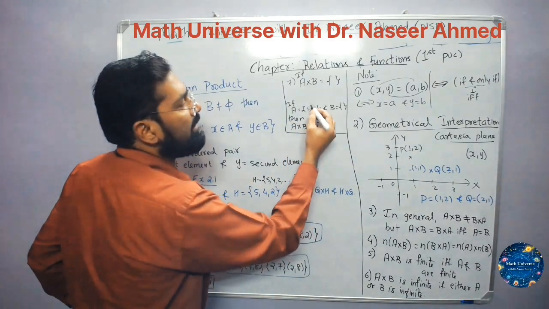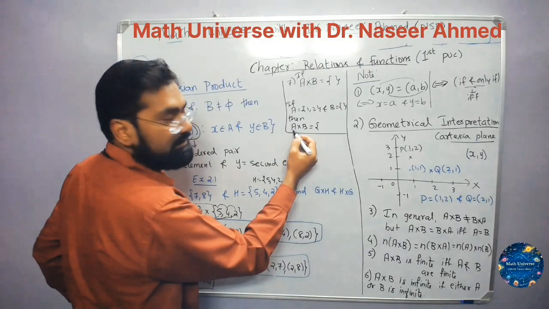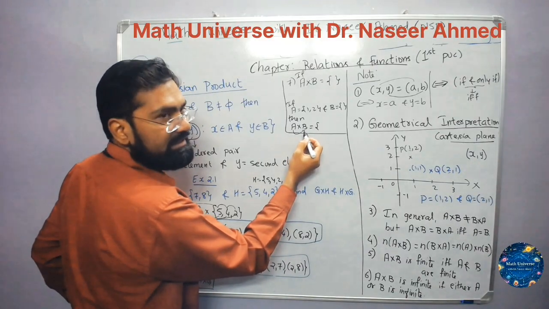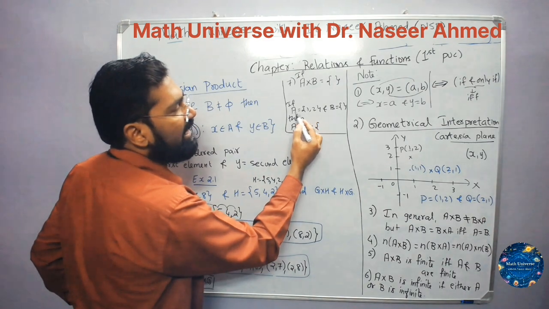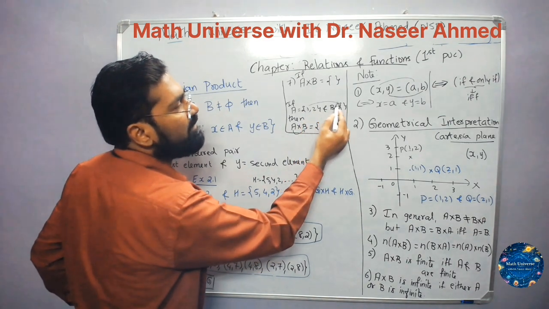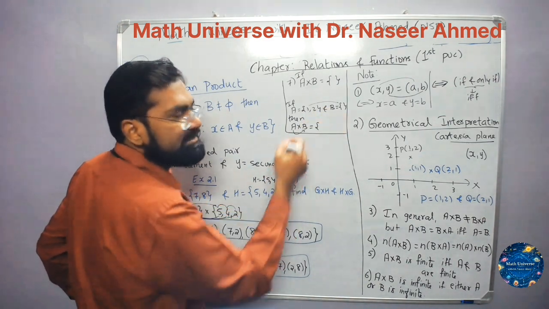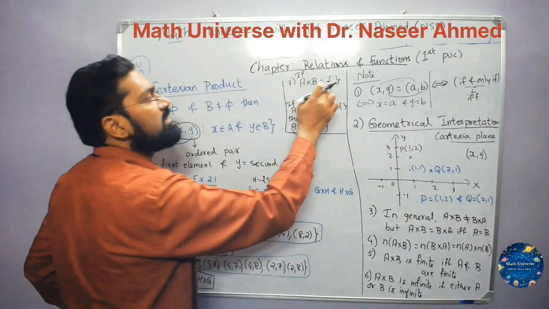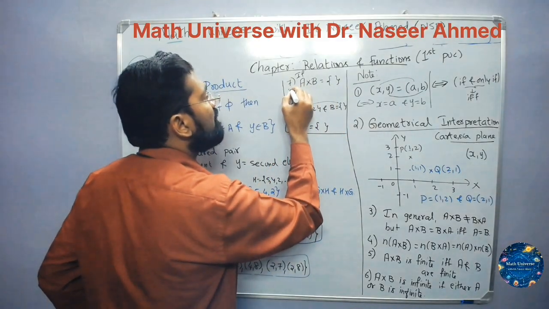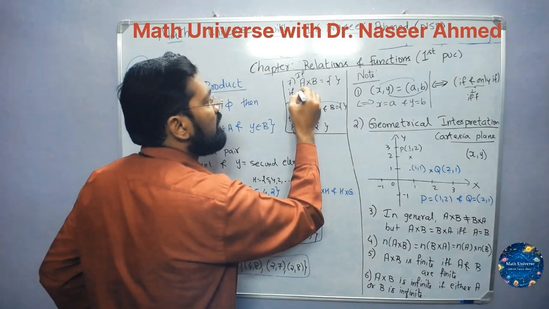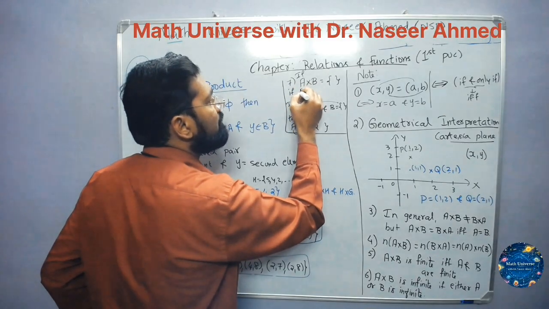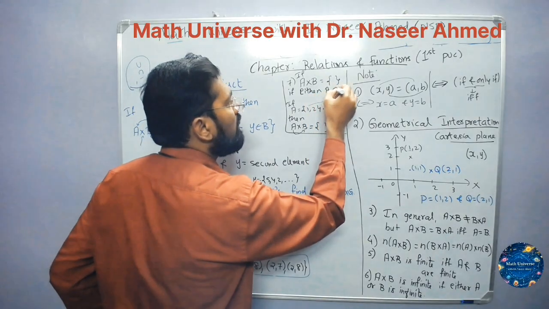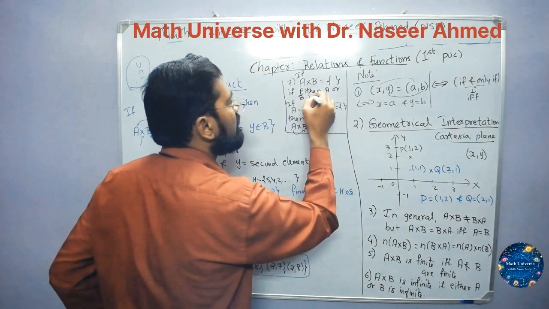Now I have to pair, as you know, for A cross B, the element of the first set should be paired with the element of the second set. So the first set is A, the element is 1. Are we able to pair with any element? No, because it is an empty set. So I'll get nothing, which means it will be empty. So the cross product is empty if either A or B is the empty set.